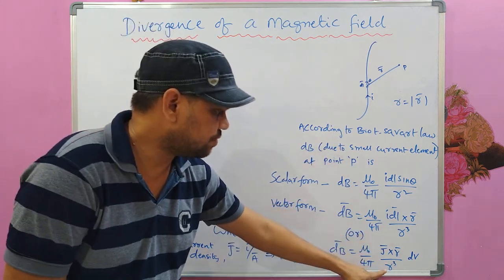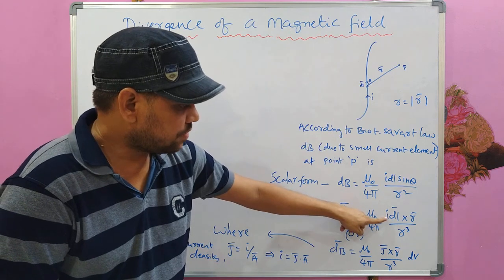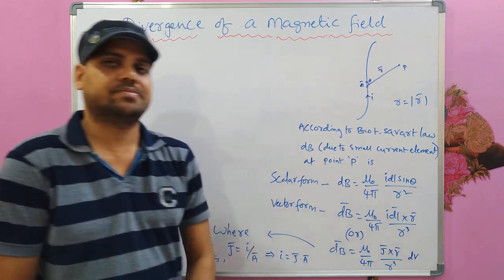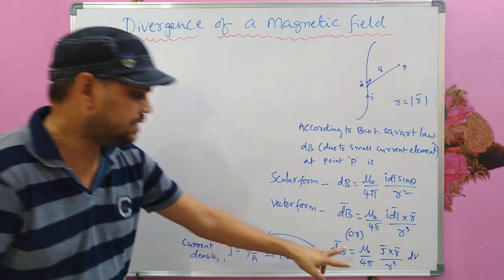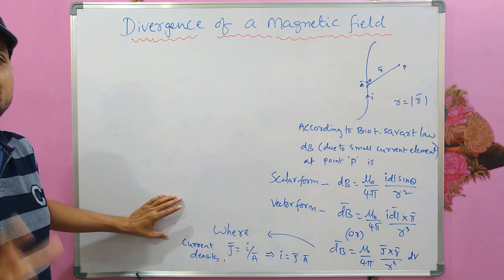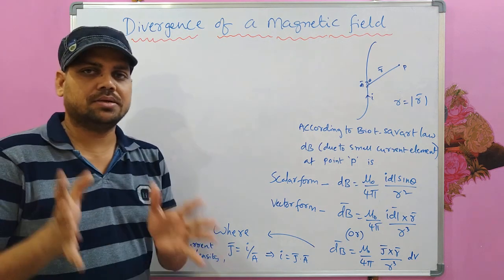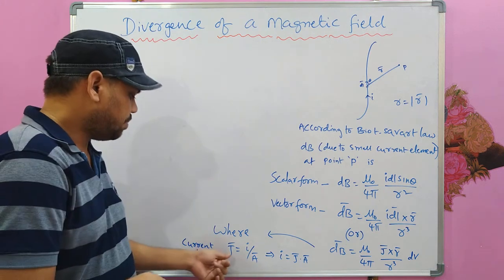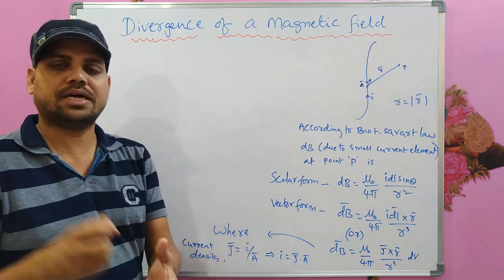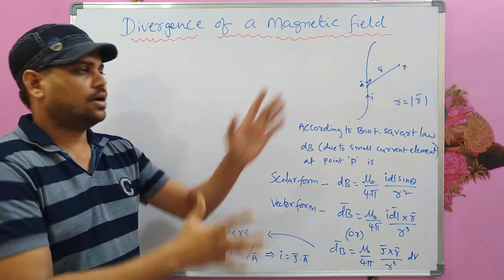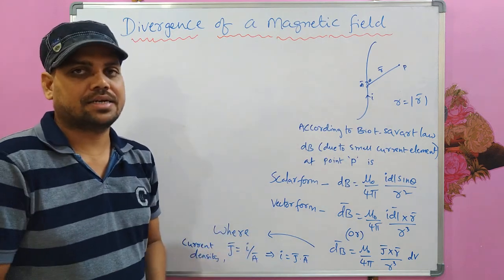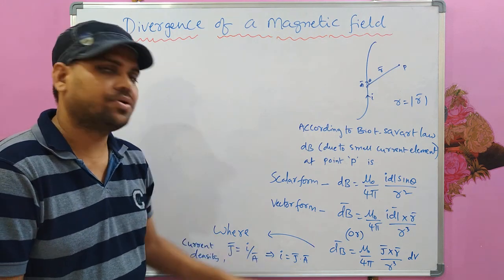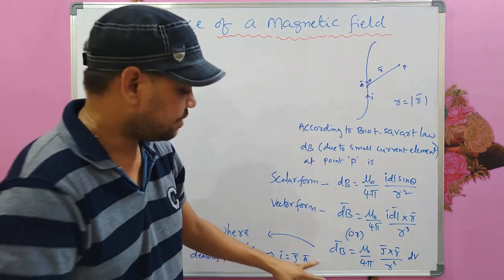I have written one more formula in the form of vector for Biot-Savart law. If you observe this carefully, in place of I dl bar, I have written J bar dV. What is J? It is the current density, which talks about the current passing per unit area. J bar is I by A bar, where A bar is the area of that current carrying conductor. So I is basically the dot product of the current density and the area vector.